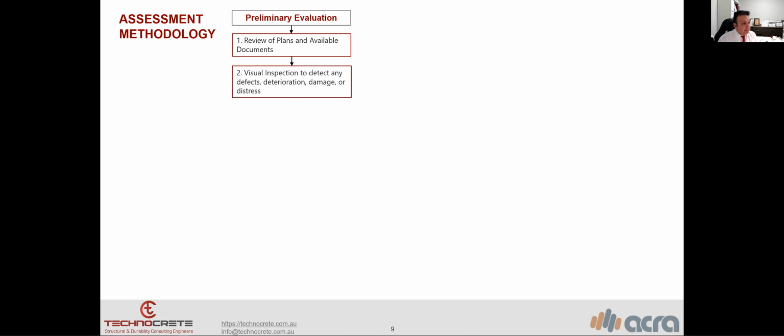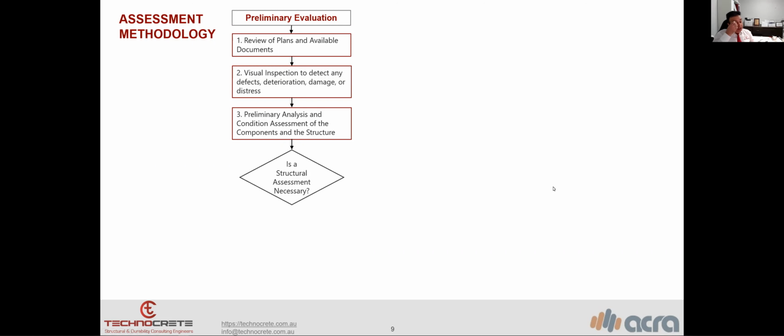We should have the preliminary evaluation, which consists of review of plans and available documents if they are available. Visual inspection to detect any defects, deterioration, damage, or distress. And preliminary analysis and condition assessment of the components and the whole structure based on our visual inspection.